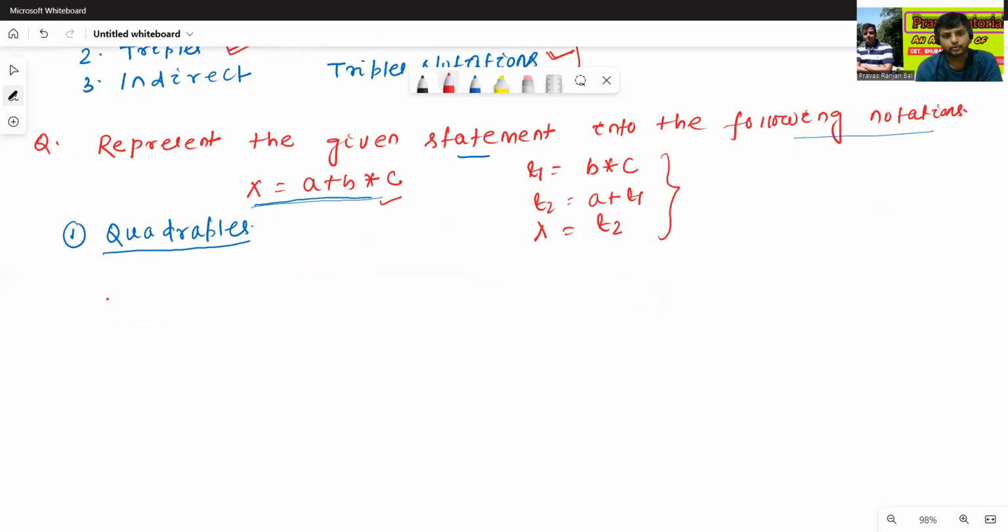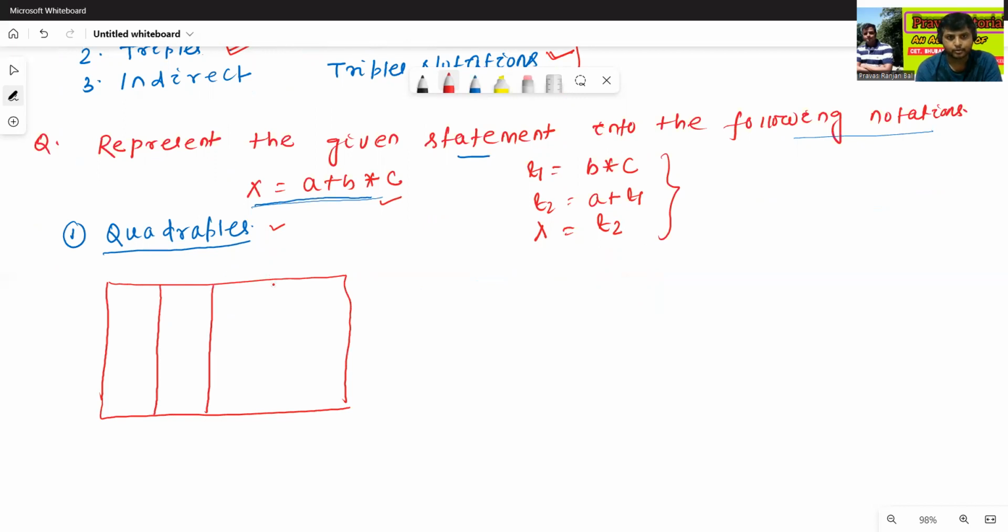Let's see how. Now we construct a quadruple table. Since it is quadruple, that means we have a total of 4 columns.